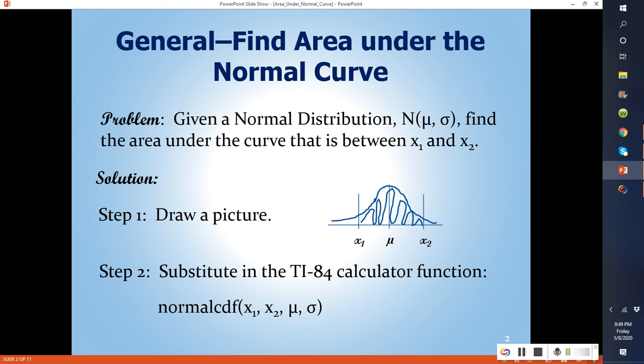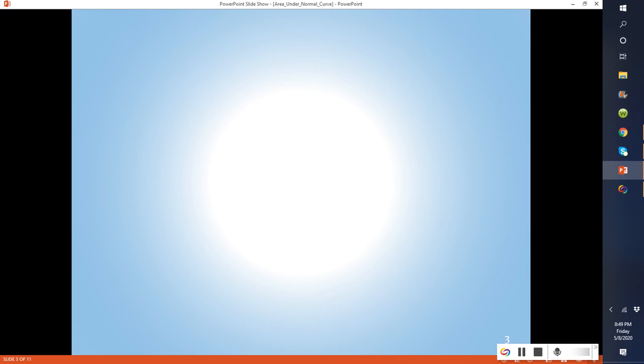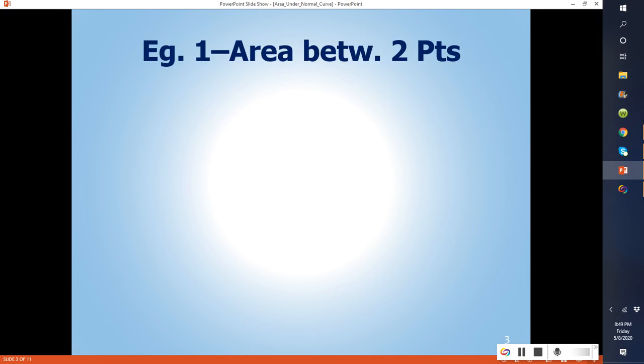So the function, most of the functions, they take arguments, and the arguments in this case are the first point, the point to the left, followed by the point to the right, followed by mu, followed by sigma. If you did not put in mu or sigma, you will get z-scores. Okay, if you want the x values themselves, you need to tell the calculator what the mu and what the sigma was. So let's do a real live example.